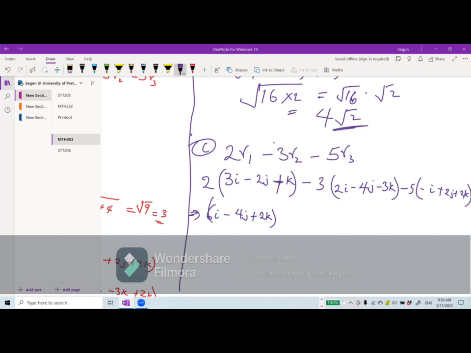Then minus 6i minus 12j minus 9k. Then negative 5i plus 10j plus 10k.